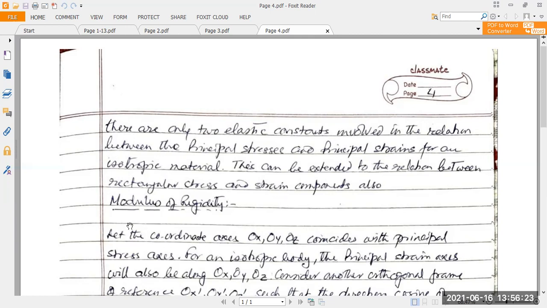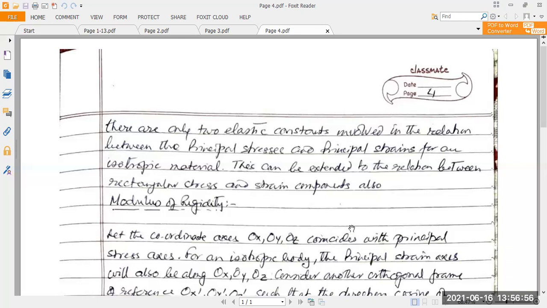Now, next, let's go to the modulus of rigidity. Let the coordinate axes X, Y, Z coincide with the principal stress axes. Again, we are following the same model. The principal stress axes are principal planes, which don't have any shear stress itself. So we use only the normal tensile stress, which is maximum or minimum.